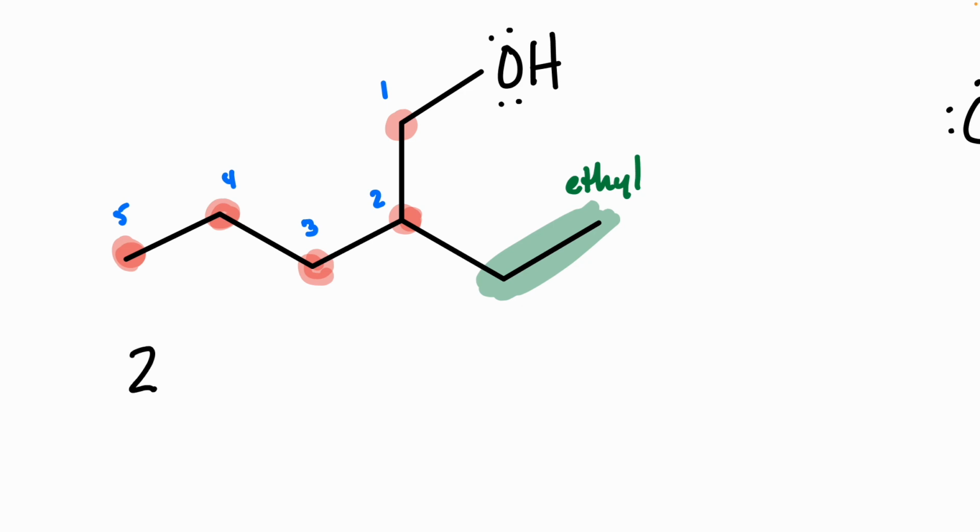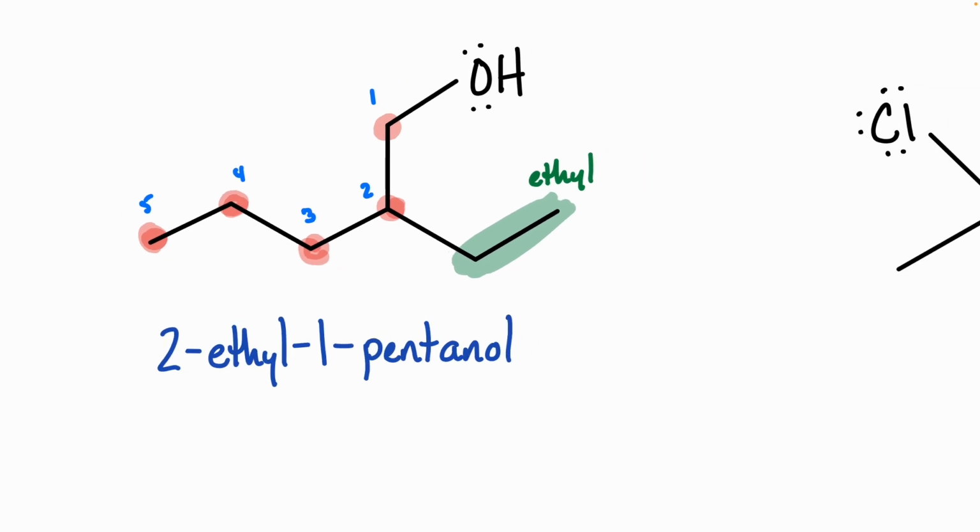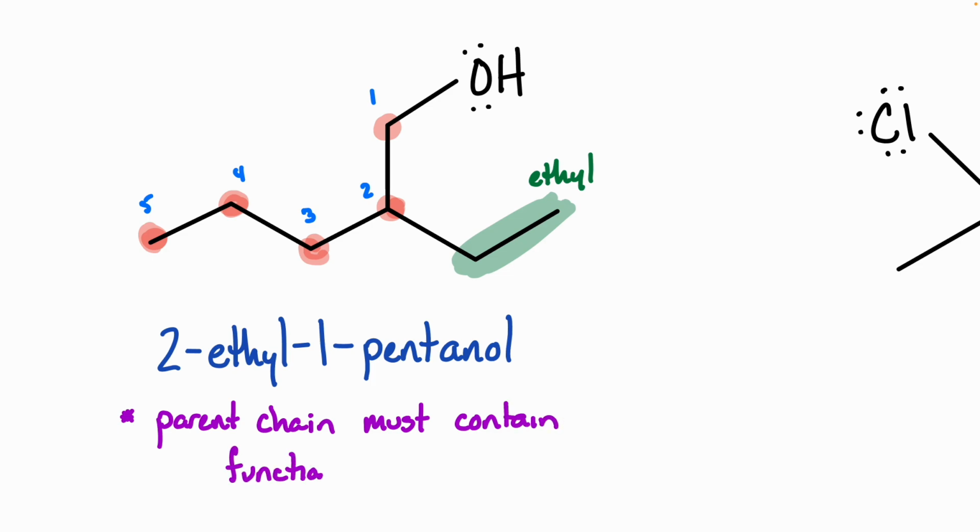So this is 2-ethyl. And then my 1-pentanol. All right, so again, we want to just use this example to remind ourselves that our parent chain must contain that functional group.